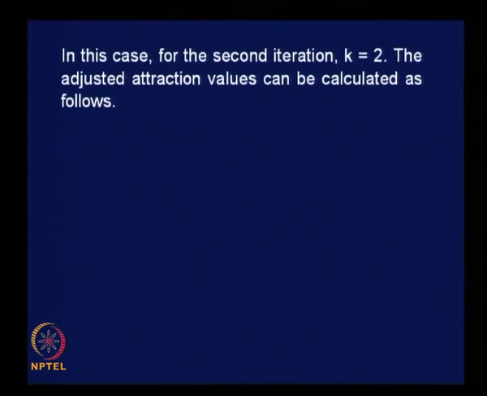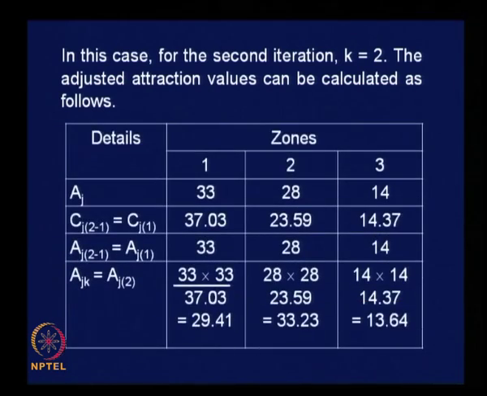For the second iteration, k equal to 2, the adjusted attraction values can be calculated using the previous formulation like this. I have again listed the values of Aj as 33, 28 and 14. These are the actual desired attraction values. Cj2 minus 1, or in this case Cj1, which we get after the completion of the first iteration, is 37.03, 23.59 and 14.37.